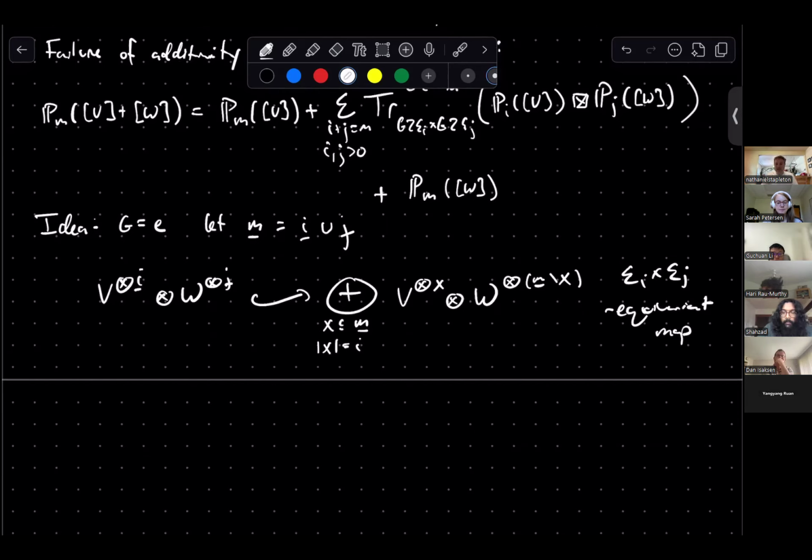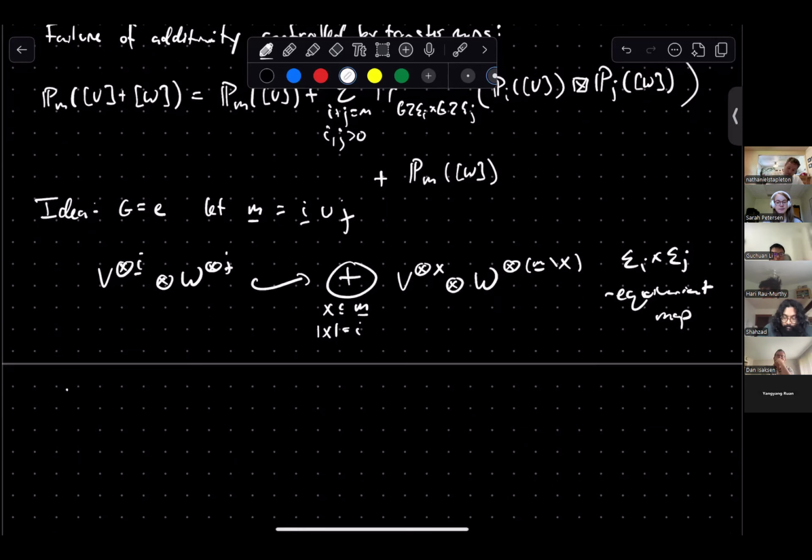And since it's a sigma I times sigma J equivariant map, and the right-hand side is a sigma M representation, I can just extend on the left to sigma M by base changing here. I can just do that on the left-hand side.